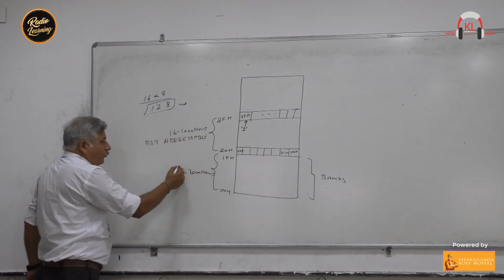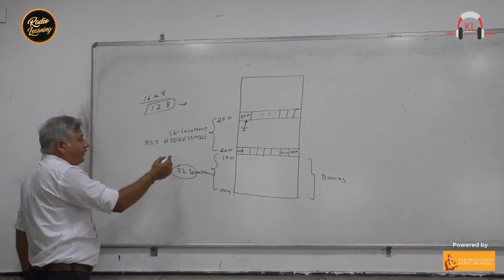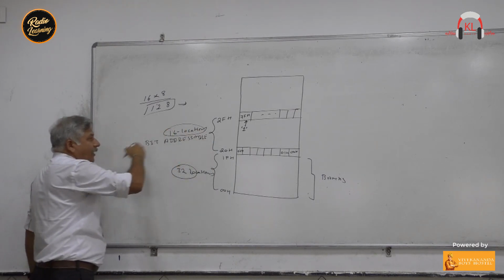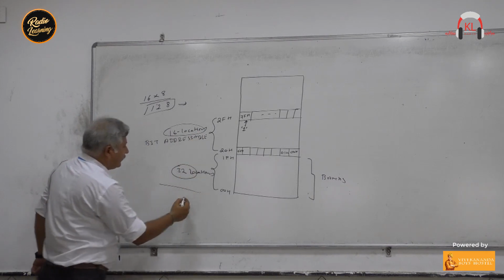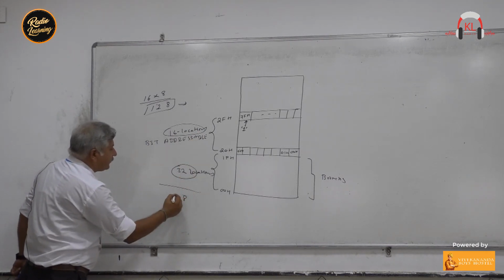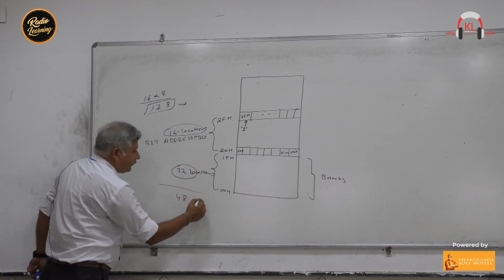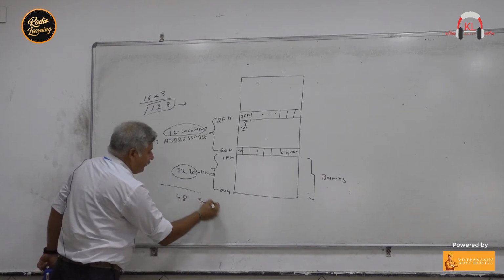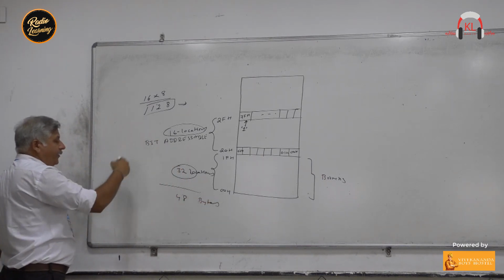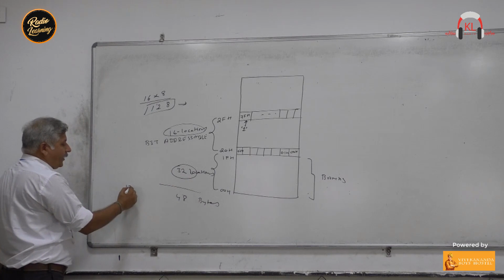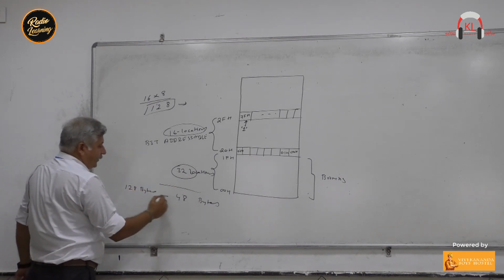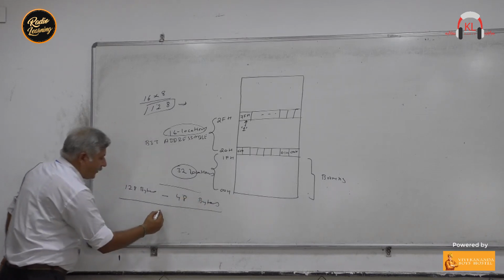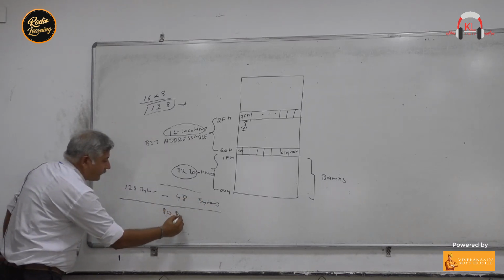So total 32 locations are for bank, 16 locations are for bit addressable memory. So total how many are there? We have used 32 and 16, 48 bytes. And total in 8051 microcontroller, we have 128 bytes. Right? So you minus this, the remaining is 80 bytes.